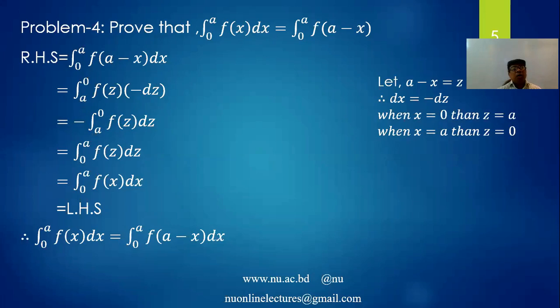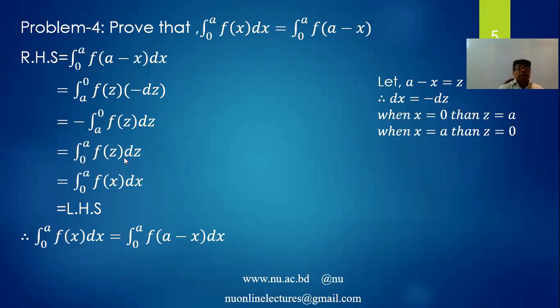If we drop the negative sign from here, the limits will be changed: the lower and upper are swapped. So the lower becomes the upper and the upper becomes the lower. So integration 0 to a f of z dz.